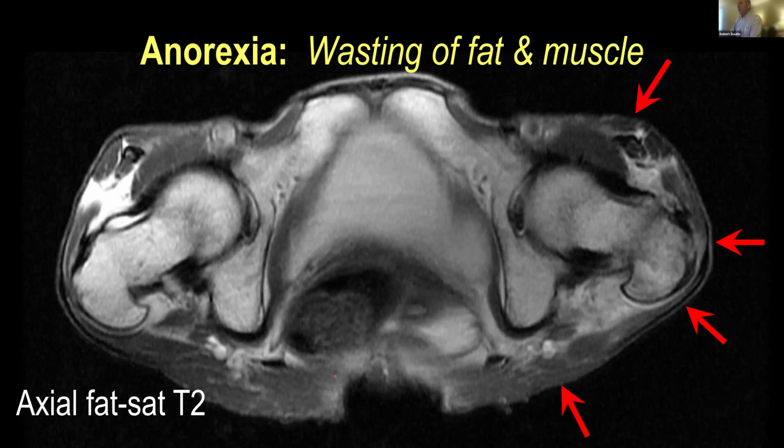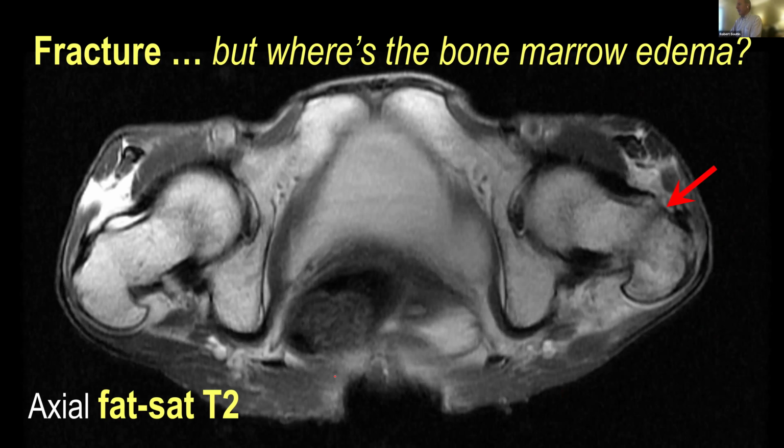And sometimes we see these findings that are so characteristic that the radiologist can be the first person to make the diagnosis of anorexia if they're not being seen by a knowledgeable physician like you all. So the question is posed, if this is the fracture, where is all the bone marrow edema like we're used to seeing, like in the last case?